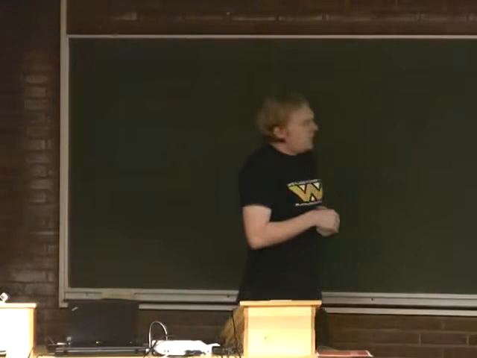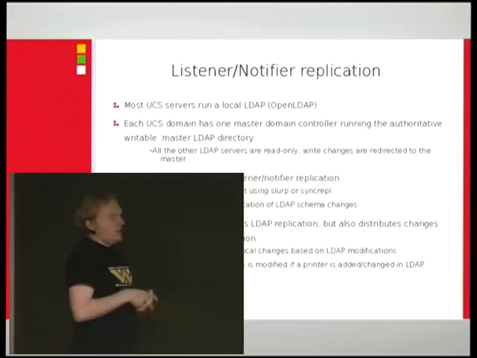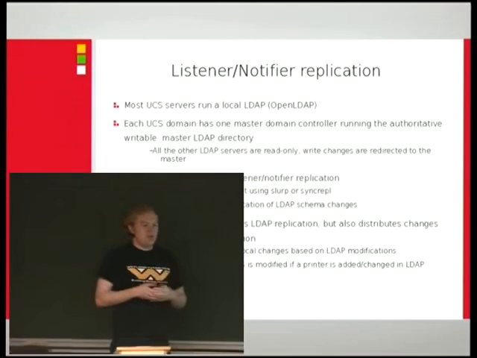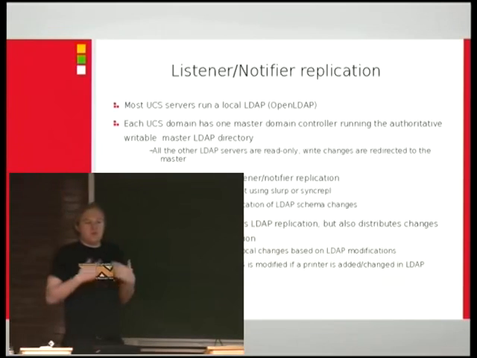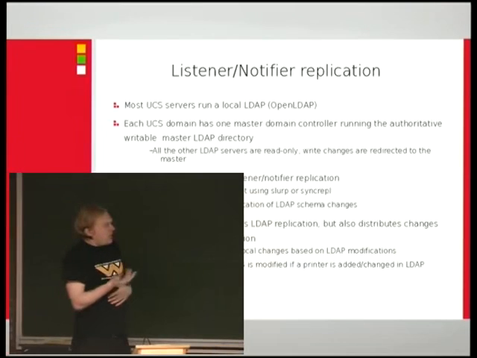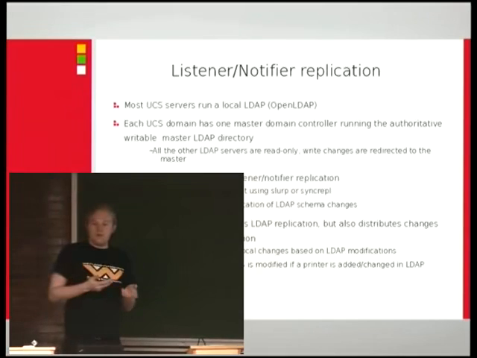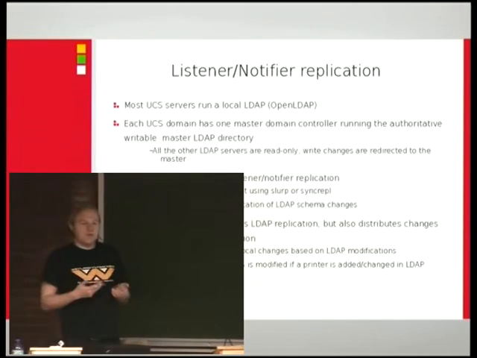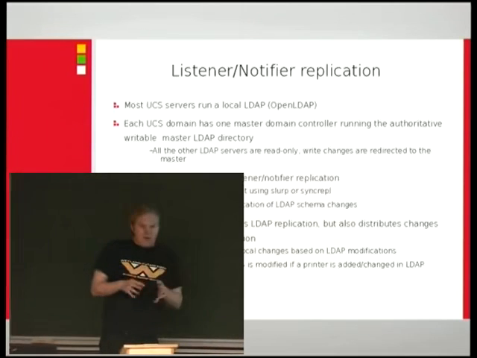Another UCS-specific technology is the listener notify replication. We use this both for the LDAP replication, but also to replicate domain-wide changes for services which do not have direct LDAP access. In the structure of a UCS domain, there's one authoritative LDAP server, which is called the master domain controller, which has the only writable LDAP master copy.